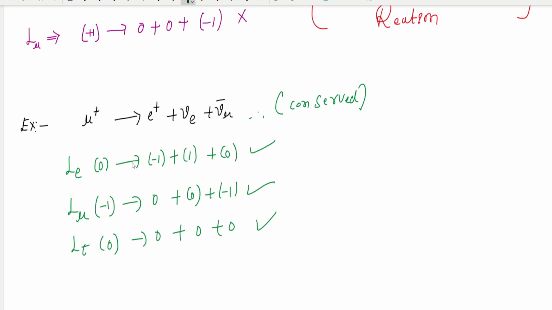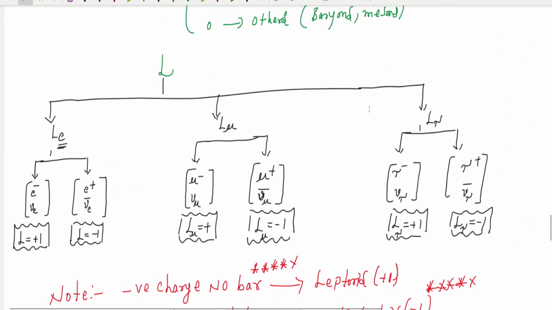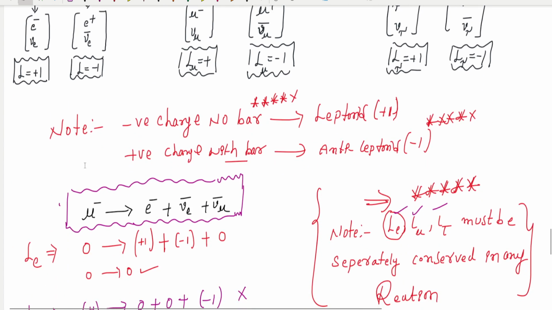So this is how we check conservation of lepton number. For that, you need to remember this table. This table is very important. You need to design a classification like this. You can make these notes, then you can follow these three rules. One is the negative charge, no bar, that is a normal lepton, with lepton number plus one.